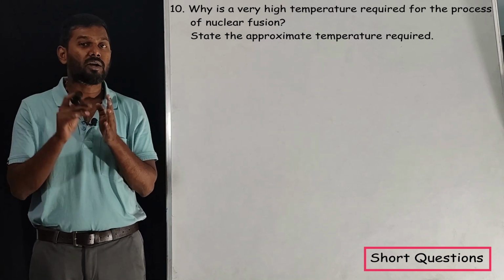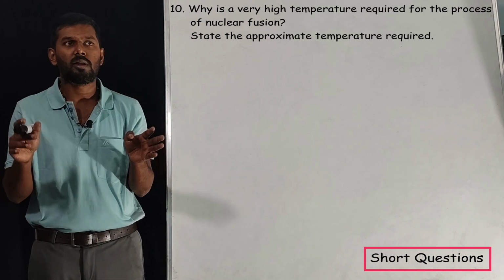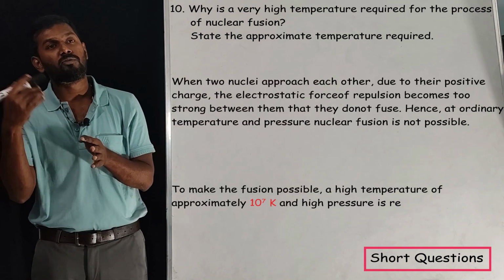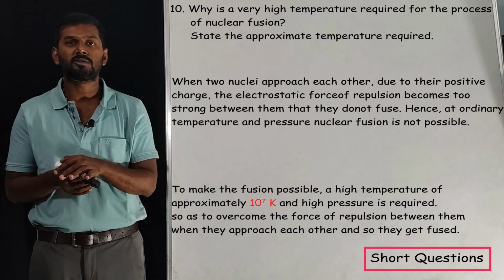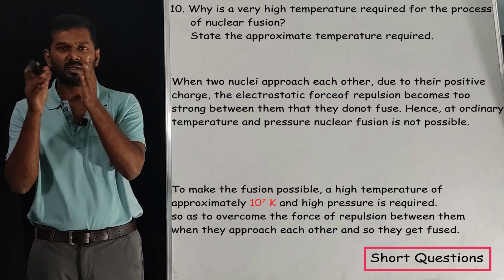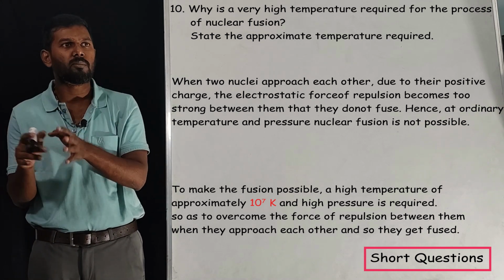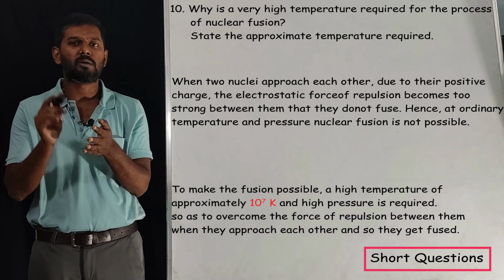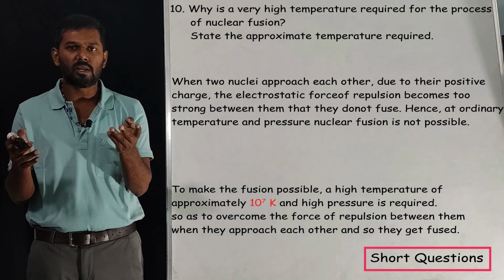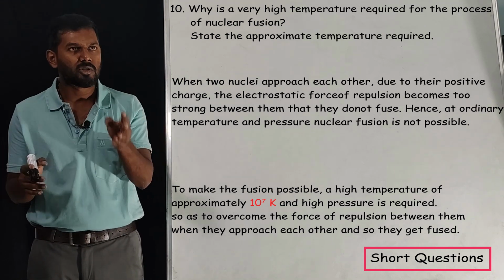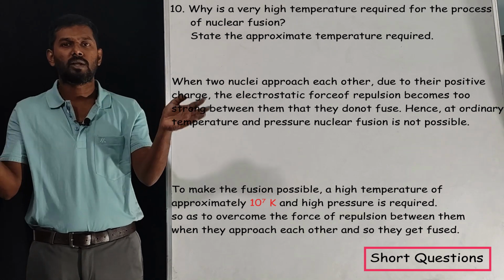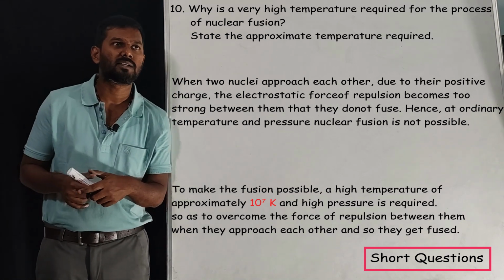That's why at ordinary temperature it is not possible. This question can also be asked in a different way: why is it not possible at ordinary pressure also? For both questions, a very high temperature and a very high pressure, the answer remains the same. So at ordinary temperature and pressure, it is not possible to fuse the positive nuclei. So it requires high temperature to fuse them.